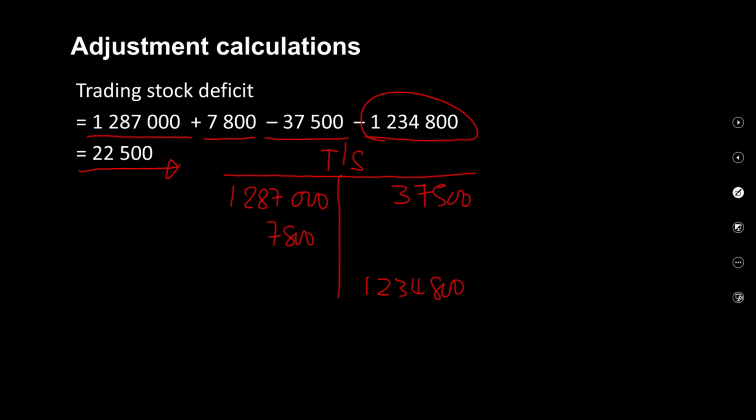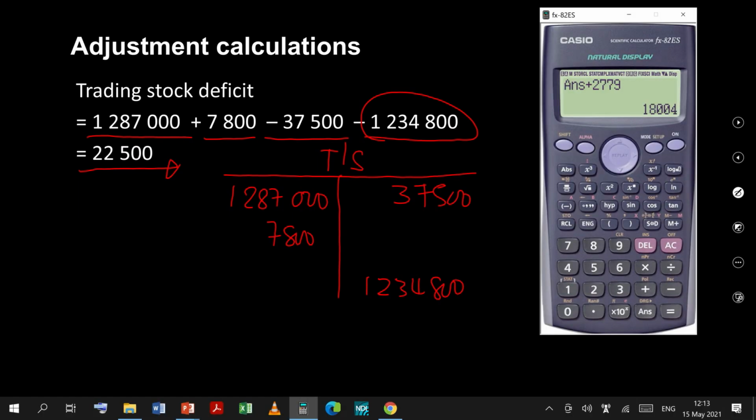So if that's the information that you have, the missing figure will be what? Watch this here. Let's do the calculation so we can see it. 1,287,000 plus 7,800 minus 37,500 minus 1,234,800, and there you go.